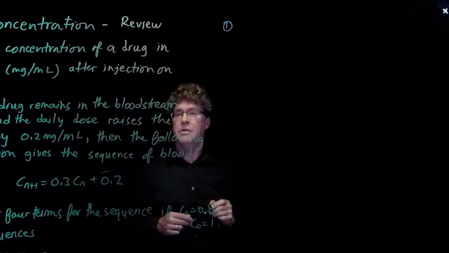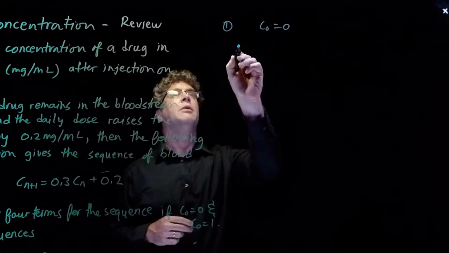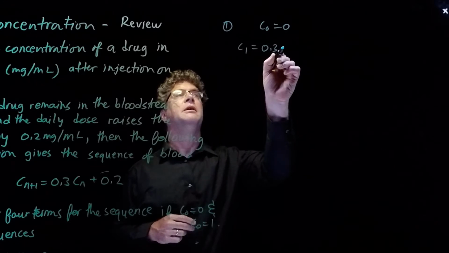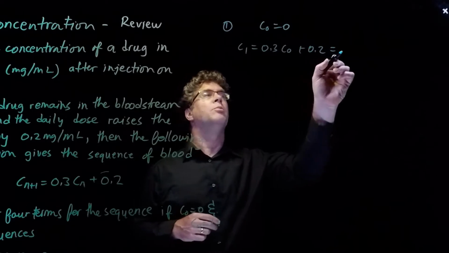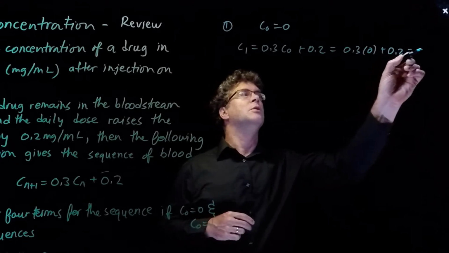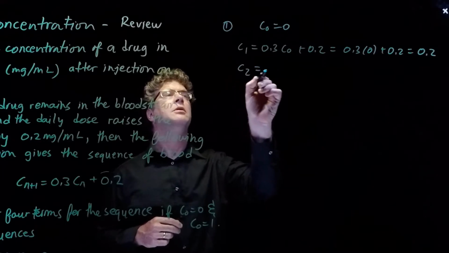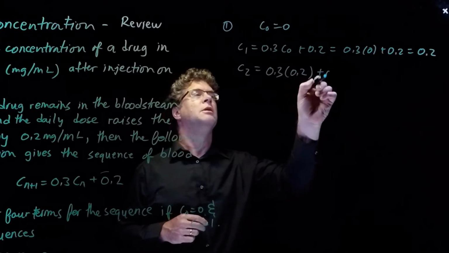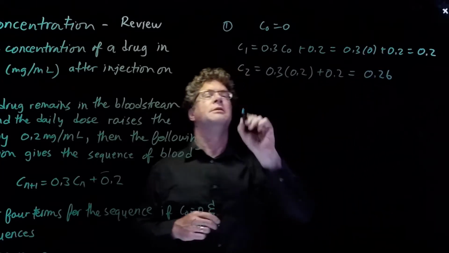And so we'll start with the case C0 is equal to 0. And then we write C1 is equal to 0.3 times C0 plus 0.2, and that will be 0.3 times 0 plus 0.2, which will be 0.2. C2 is 0.3 times C1, which is 0.2, plus 0.2, which will be 0.26.